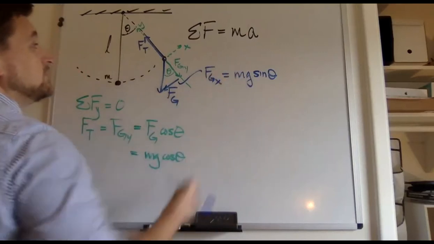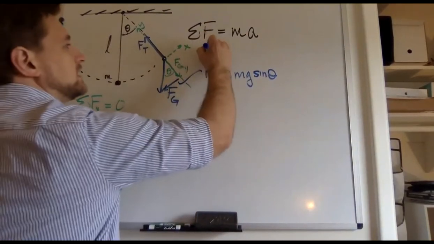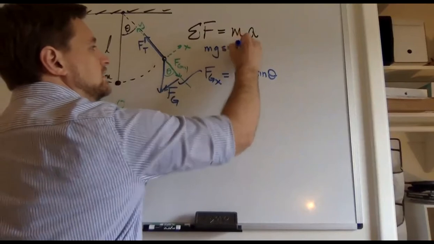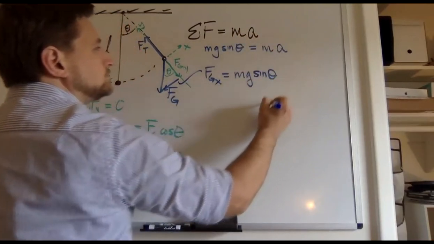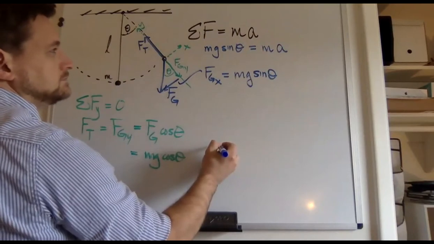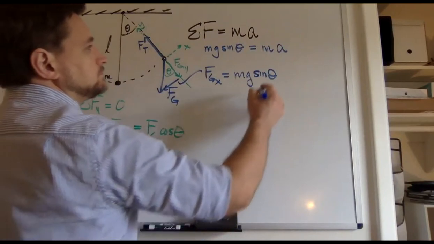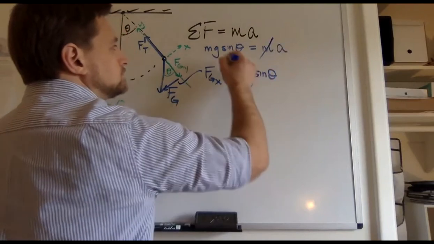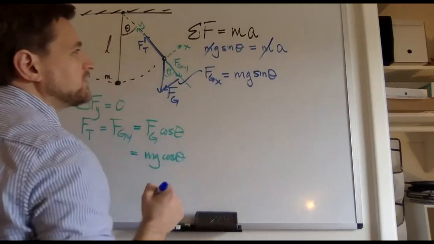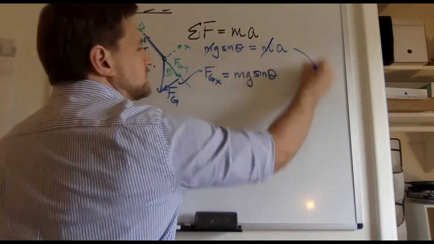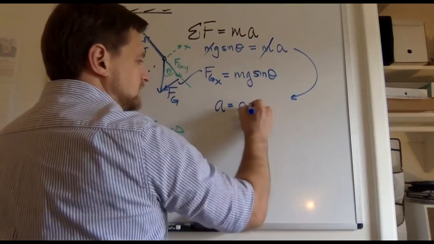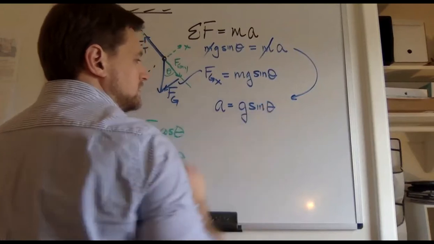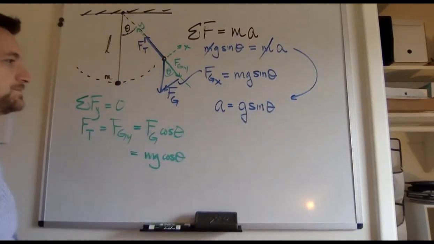And that's the net force here. So mg sine theta equals ma. I've got a mass on both sides. So this equation looks like a equals g sine theta.